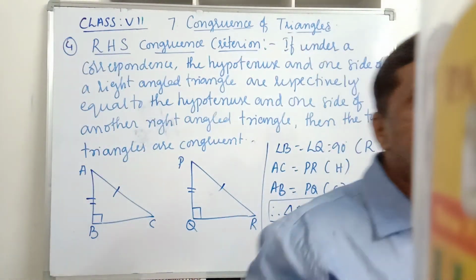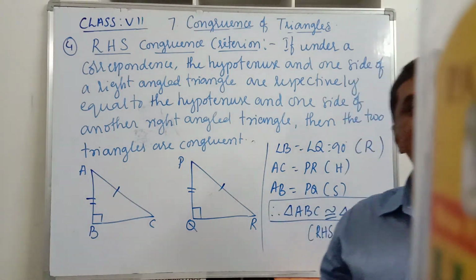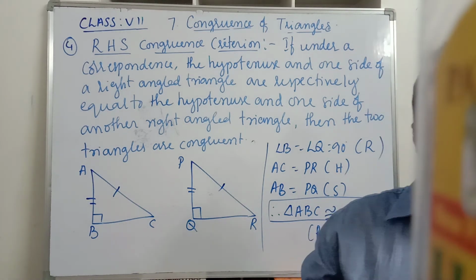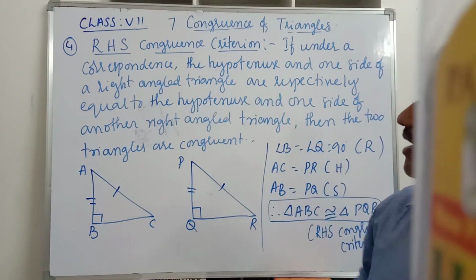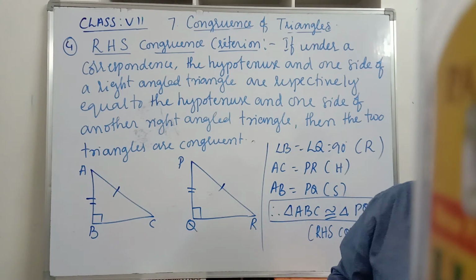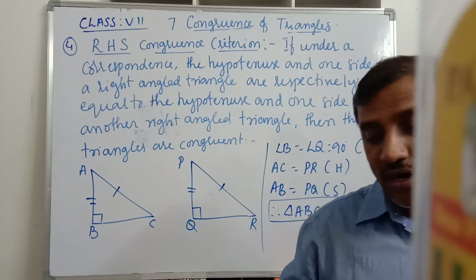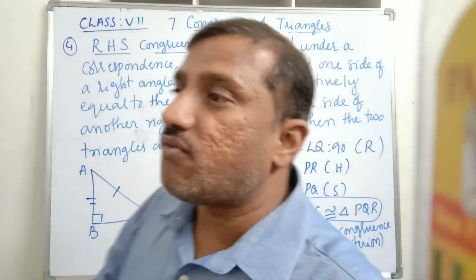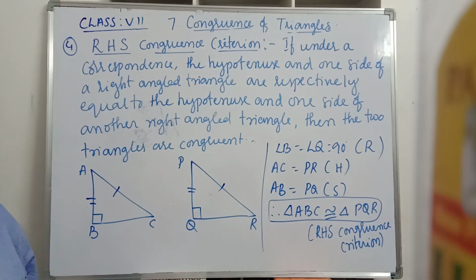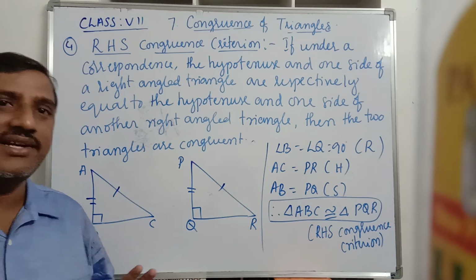They are the SSS congruency criterion, the SAS congruency criterion, the ASA congruency criterion, and finally the RHS congruency criterion. SSS congruency means if under a given correspondence the three sides of one triangle are equal to the three corresponding sides of another triangle, then the two triangles are congruent.